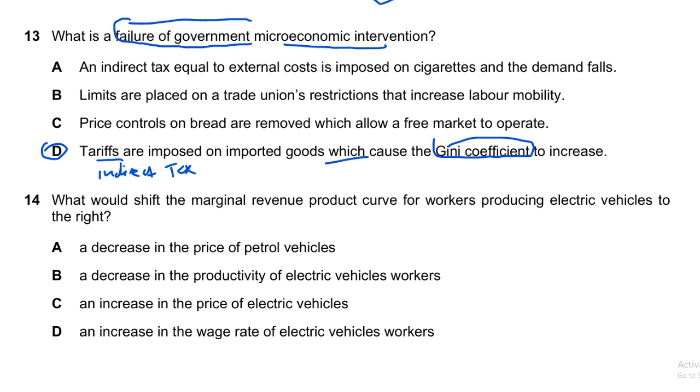So if government is trying to reduce the Gini coefficient or reduce disparities between the rich and poor by imposing a tariff, then the policy will fail, because indirect tax is a regressive tax, and its impact is more on poor consumers and less on rich consumers. So as a result, the poor will get poorer and the rich will get richer. As a result, the Gini coefficient will further increase and government will fail to achieve its objective of reducing the income gap between the rich and poor.